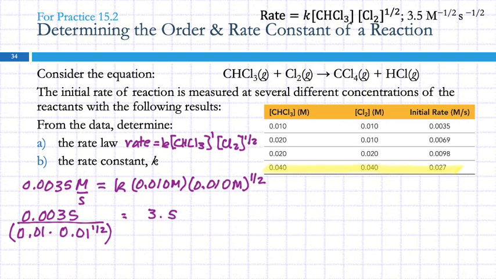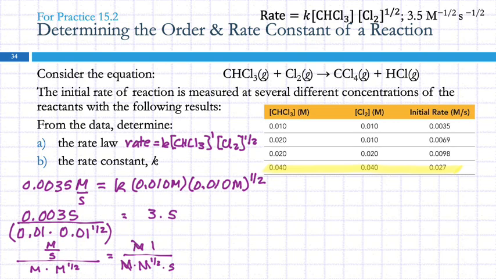Now what about those units? Turns out there's a mistake in the units of the answer. So the numerator here was molarity per second. And in the denominator, we had molarity times molarity to the 1/2 power. So let's make that into a single fraction. Molarity on top, molarity to the 1/2, and seconds are in the bottom. These cancel out.